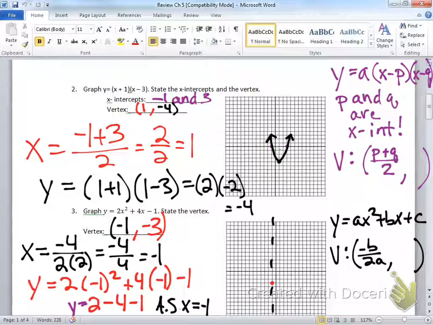All right. Now we need an XY chart. You can go 2 to the left or 2 to the right, depending on which one's easier. 2 to the right. So I'm going to go 0 and 1. When I plug 0 in, I get 0, 0, -1.